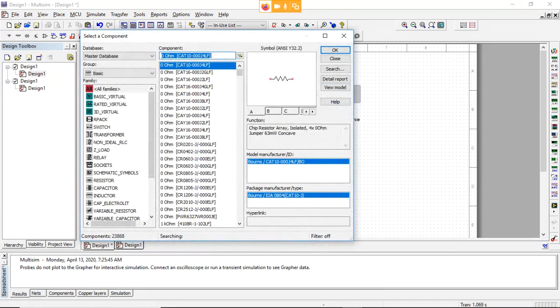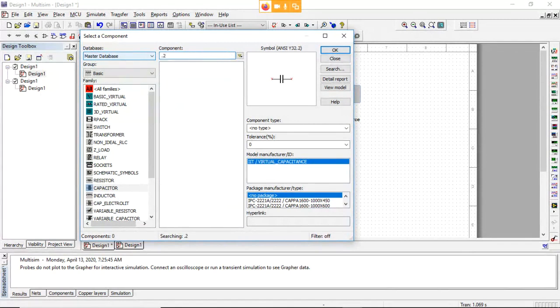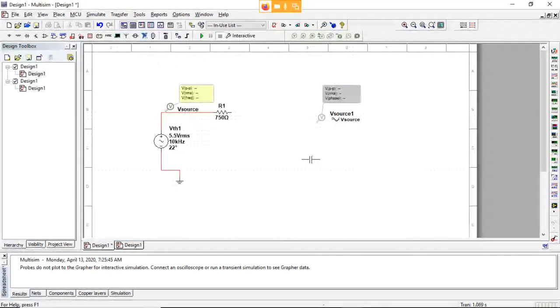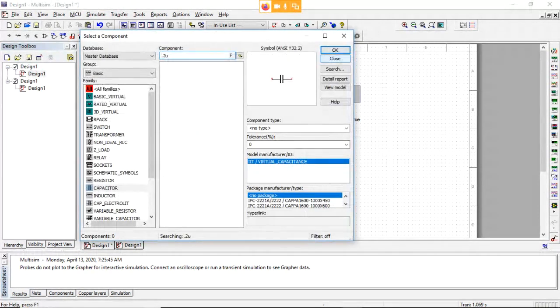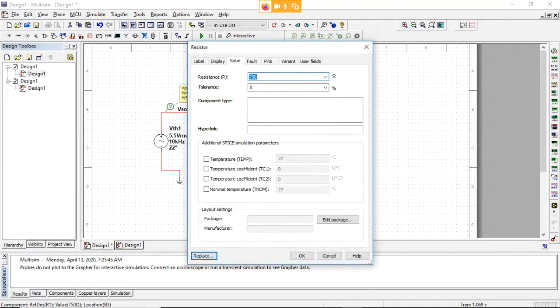So we're going to come over here to basic capacitor, and I'm going to choose my capacitor to be, I think I was using something like a 0.2 micro. And the resistor, I don't remember. I think I was using like a 1K here.